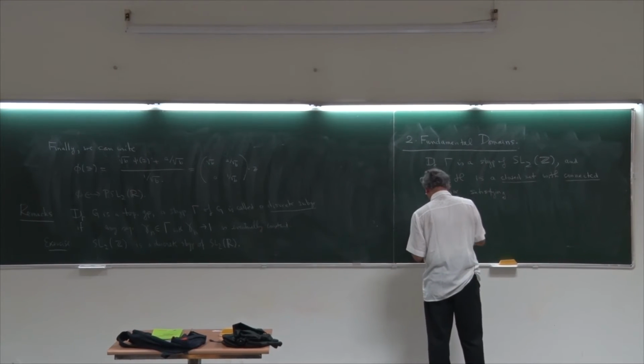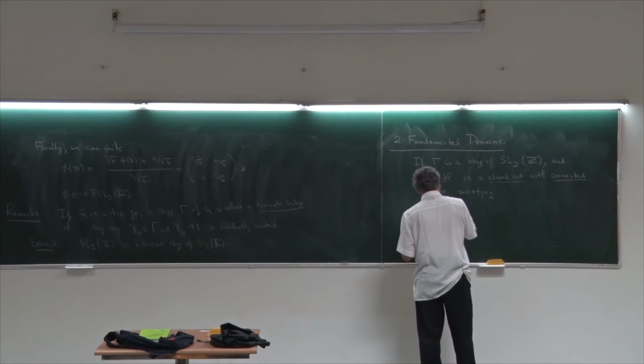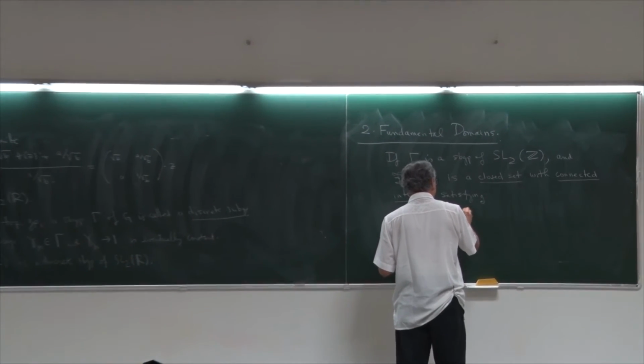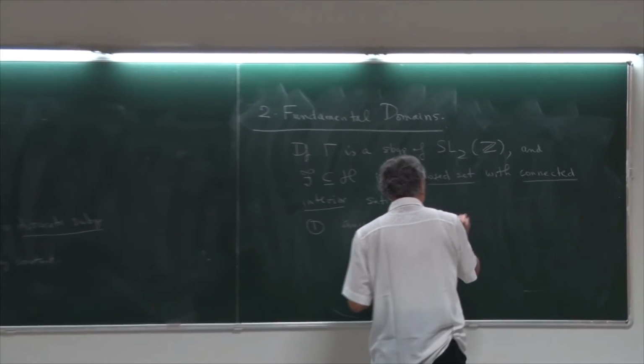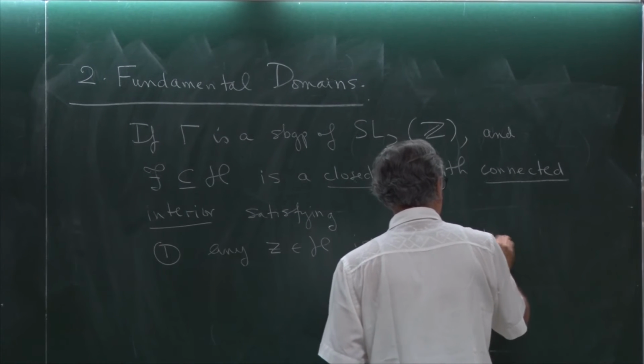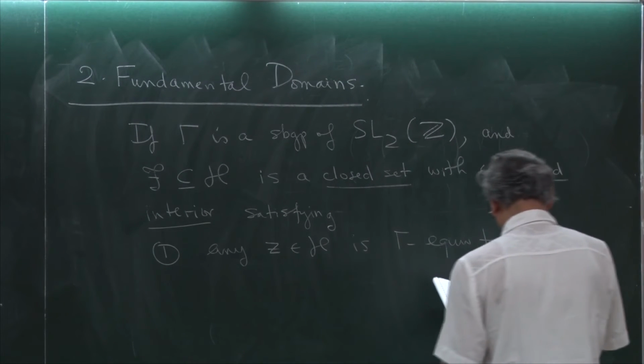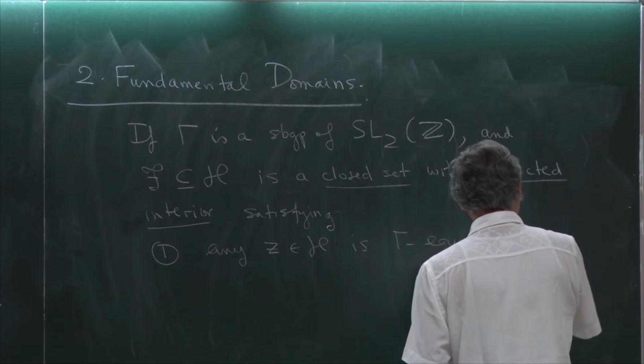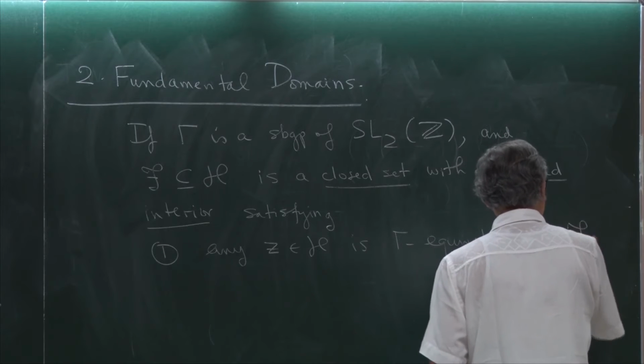One, any z in the upper half plane is gamma equivalent to some w in F.